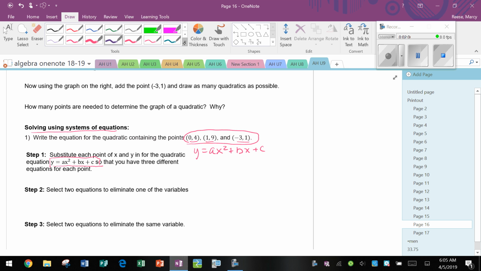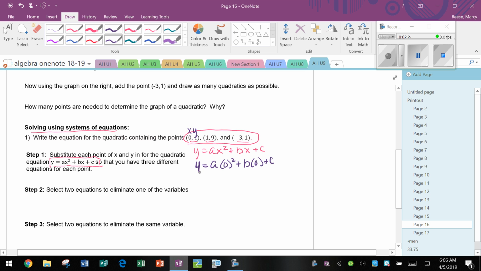So we're going to try and find that. I'm going to take point 0, 4, and start with that one. I'm going to replace the y with 4, and all x's are going to become zeros, because when x is 0, y is 4.